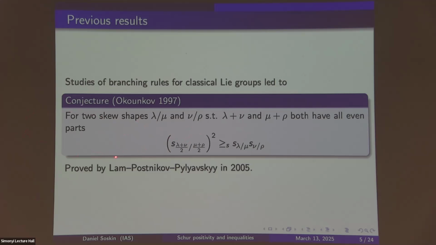So there was a conjecture by Okounkov saying that if you have two skew shapes, lambda/mu and nu/rho, such that lambda plus nu and mu plus rho have even parts, so that we can divide them by 2, then we have such an Okounkov inequality, that the product of two skew Schur functions is less or equal than the square of such a skew Schur function given by the average of lambda and nu and the average of mu and rho.